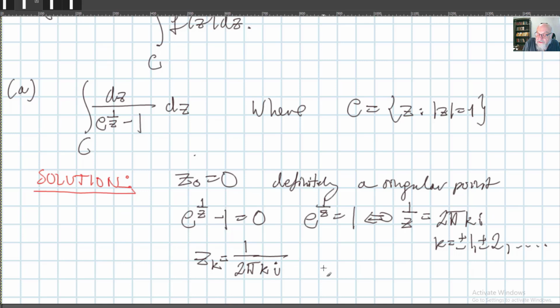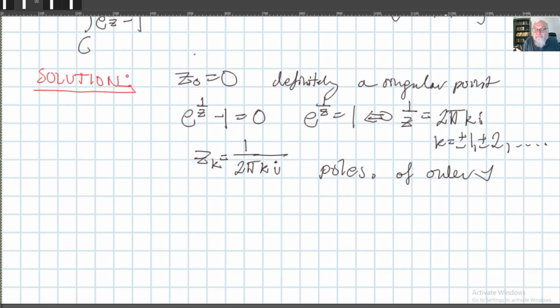So there is an infinite number of poles. And you can easily verify by taking derivatives of order 1 that they are all definitely simple.